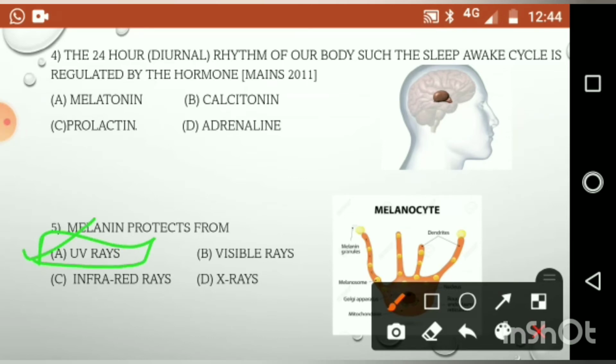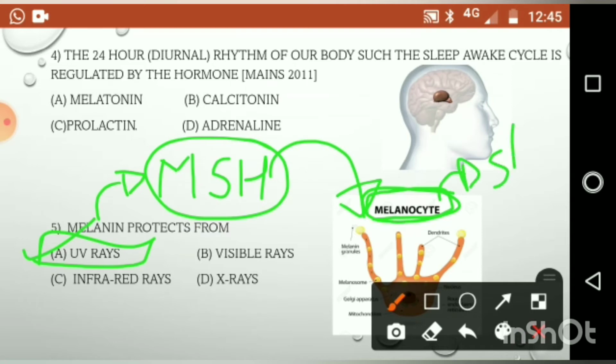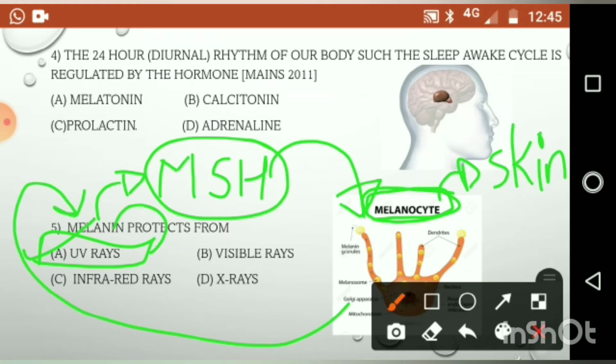UV rays. So melanin is produced by melanocyte stimulating hormone, and the target organ is the melanocytes present in the skin. When this hormone is released, it targets the melanocytes present in the skin, and as a result it gives them the order to secrete the hormone melanin, which protects us from UV rays.